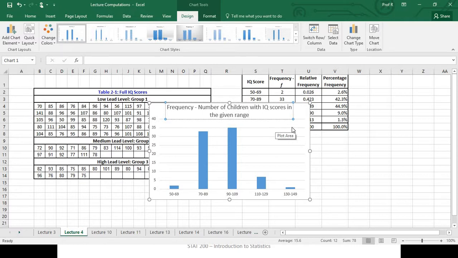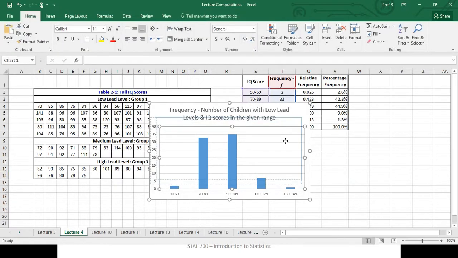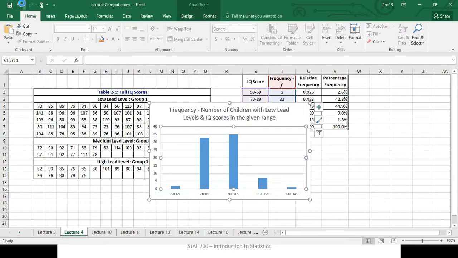And it's the number of children with actually low lead levels and IQ scores in the given range. All right, so there is the histogram.